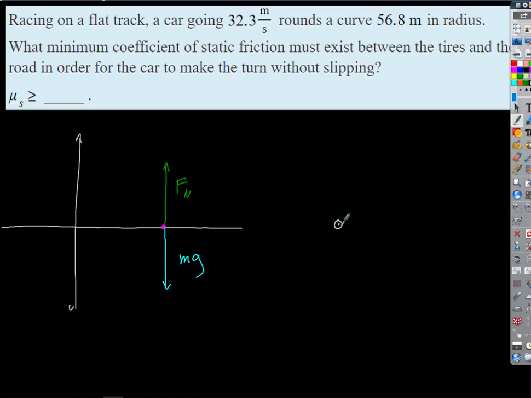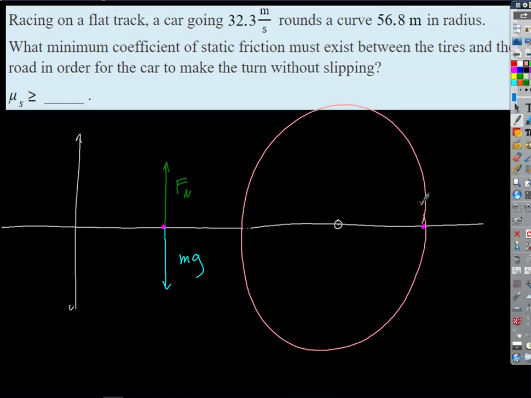Here's this vector, it goes right through the middle of that, and here's my car, right? And so the gravity's pointing down, the normal force is pointing up, and this car is traveling in a circle, right? Make sense?